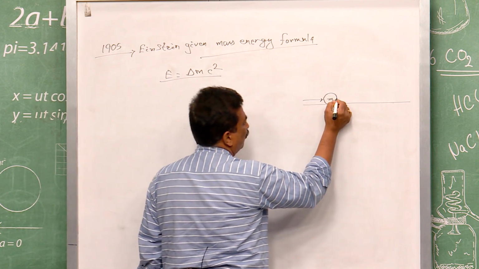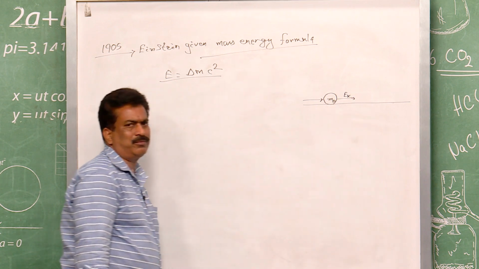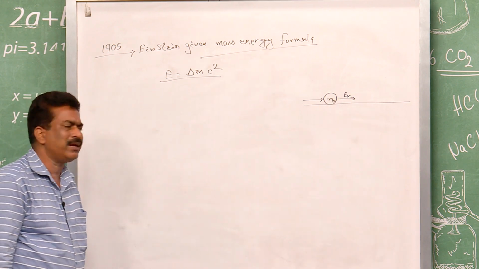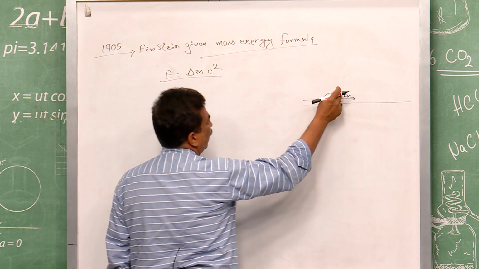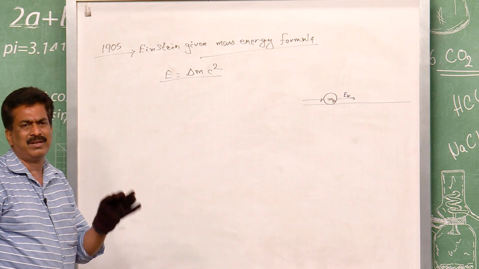When it is moving, it must move with some energy, and due to the motion, that energy is the kinetic energy. That kinetic energy will produce some mass, and that mass is very negligible.